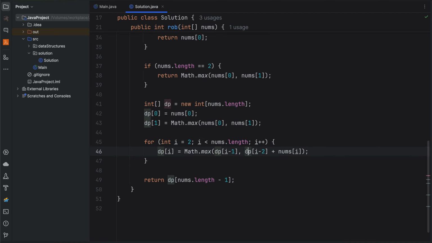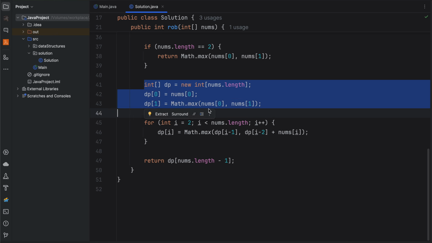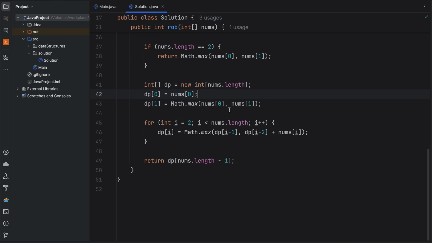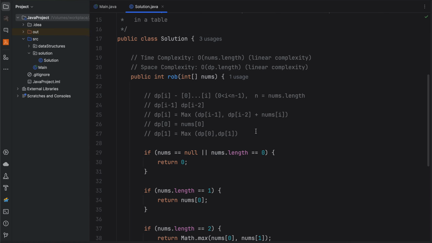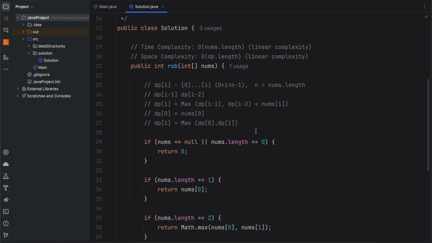Something similar to the bottom-up approach in the previous video when we were solving the Fibonacci sequence problem. So that's why this can be optimized. This dp array can be eliminated, and we can only keep track of the last two sub-problem solutions. But as I said, I'll leave it to you. It should be a straightforward change.